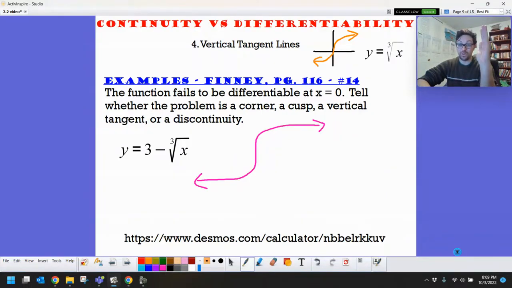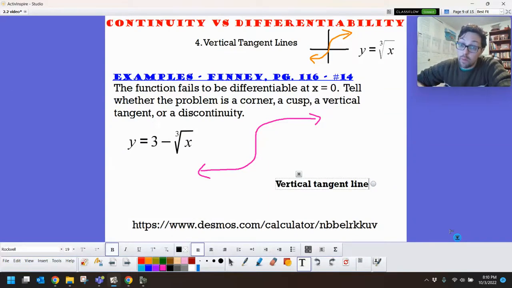And if you get that vertical tangent line, that is considered not differentiable because the function stops kind of working at this point because we can't have vertical lines to have a good function, fails the vertical line test type stuff. Cubed root doesn't do that, but the derivative will kind of blow up and not quite know how to deal with that vertical tangent line because it doesn't know which way to slide after it. So this is a vertical tangent line.